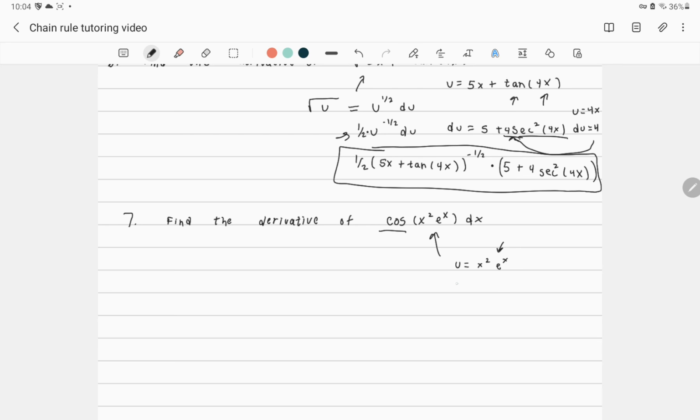So you got to do du equals, find the derivative of this first and multiply it by this. So we do 2x times e to the x plus the derivative of this, which the derivative of e to the x is just e to the x, times x squared.